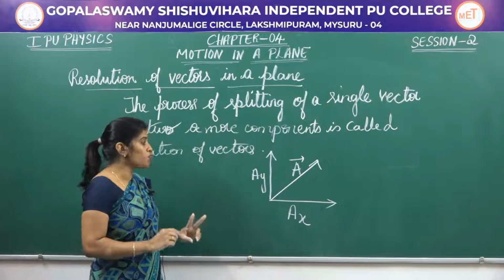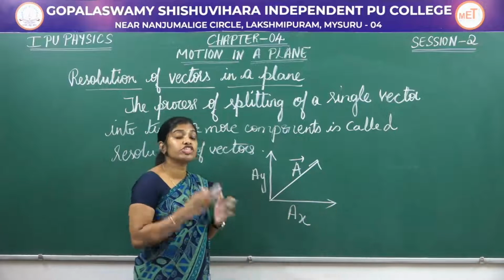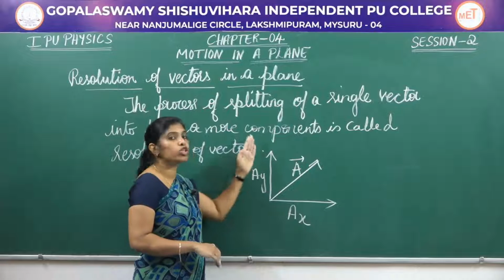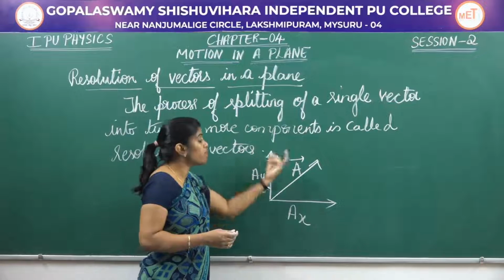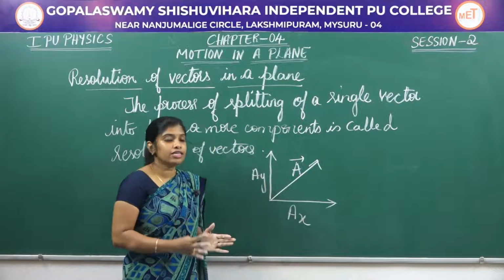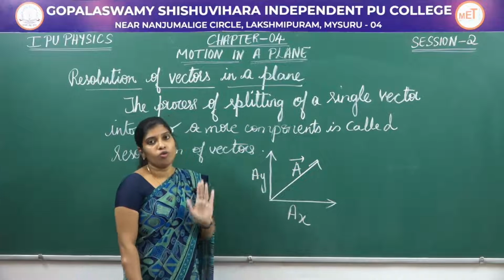So I have two components of vector A, one along the x-axis which is called the horizontal component, and the one along the y-axis which is called the vertical component. Therefore, I am splitting the single vector into two component vectors. That is, I have resolved this vector A into two component vectors.